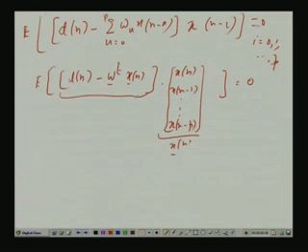This is a scalar number, so it does not matter whether I put it on the left hand side or right hand side, because a scalar times a vector means the scalar multiplies each entry of the vector. Also, w transpose xn is the same as x transpose n w; A transpose B and B transpose A are the same when A and B are vectors.